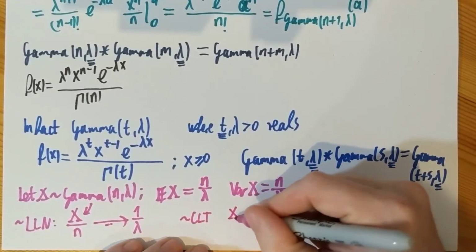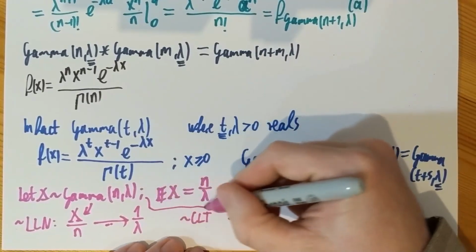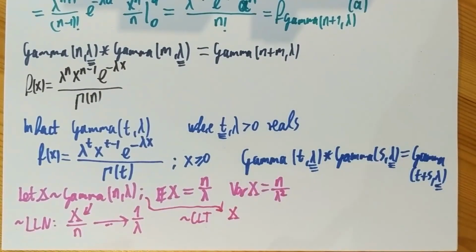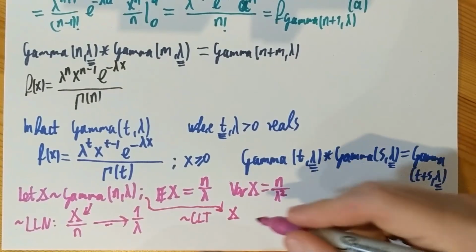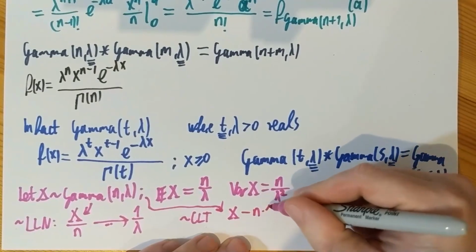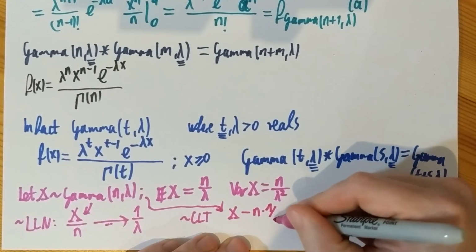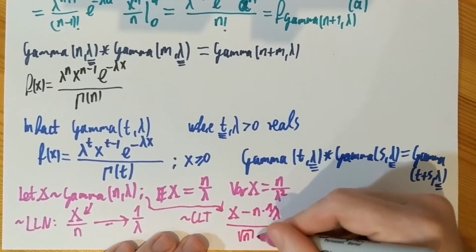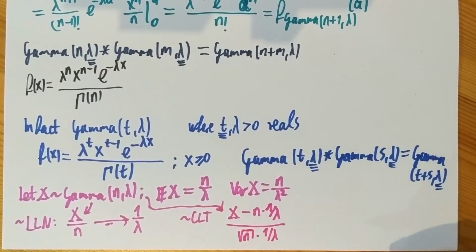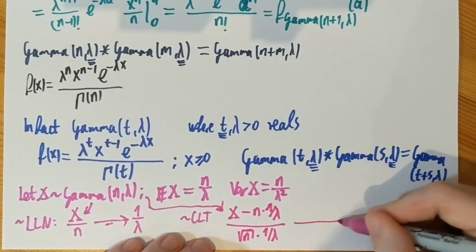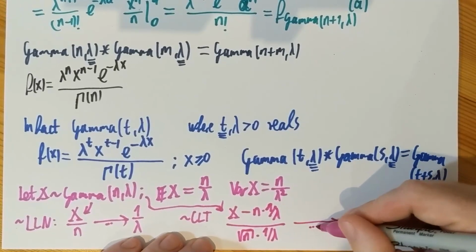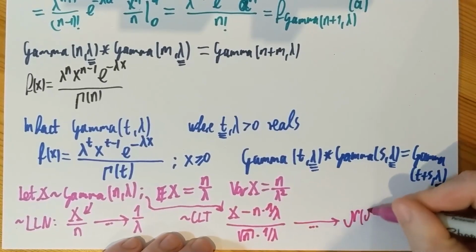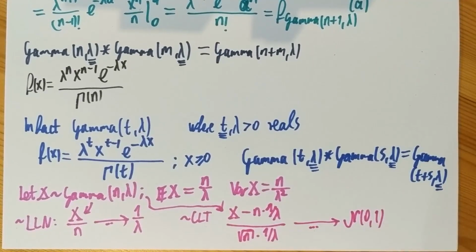If I look at x, my gamma distribution, and I think about it as the sum of IID exponentials, then I can subtract n times the mean of the exponentials, so 1 over lambda n times. I can divide by square root of n times the standard deviation of my exponentials, or square root of the variance, and this will converge in some sense, which we'll discuss later, to standard normal as it does in the central limit theorem. So those are some nice properties of the gamma distribution.